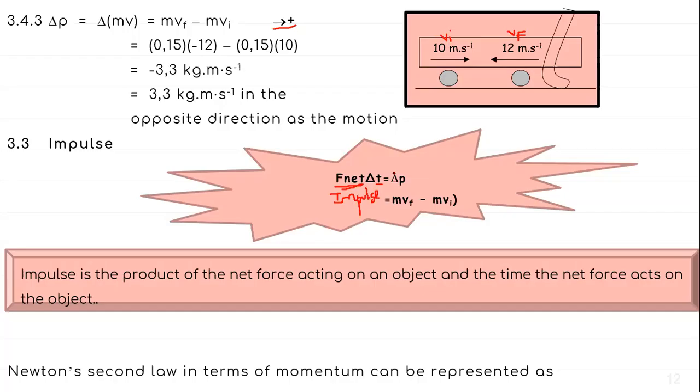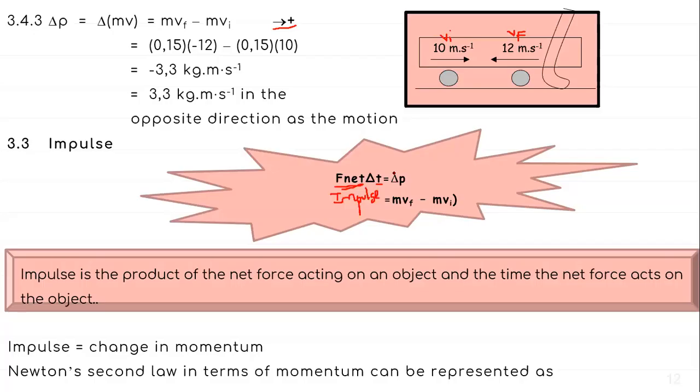What I also wanted you to know is that impulse is equal to the change in momentum. Why? Because the product of the net force acting on an object and the time the net force acts on an object is equal to the change in momentum. In other words, impulse is definitely equal to the change in momentum, which is the statement that I have written there for you.